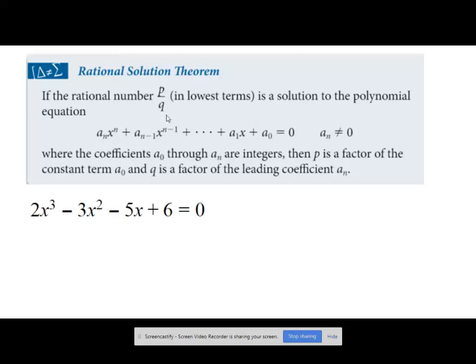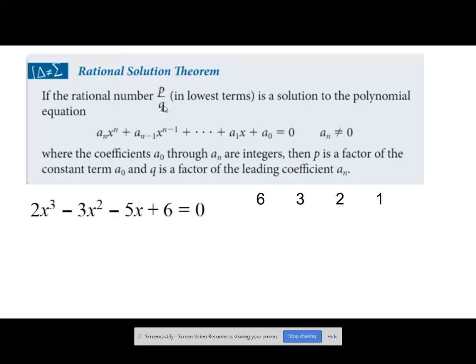What this theorem says, the rational solutions theorem says, if we're going to find a rational number as the solution, we're going to have to look at all the factors of this constant. So the factors, remember, are numbers that multiply together to make 6. So like 1 and 6, 2 and 3. I think that's it. So that would be all our different factors of 6. And that's the numerator.